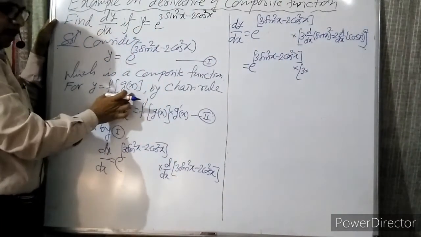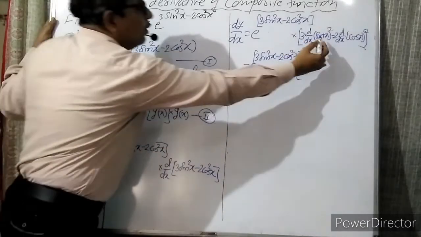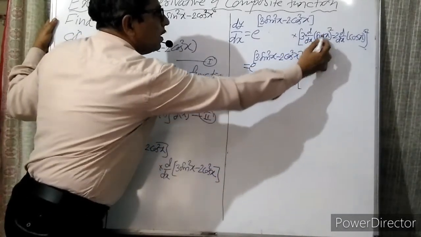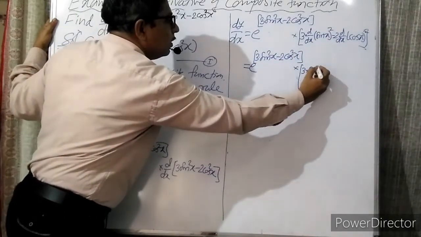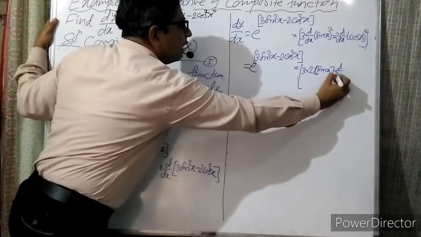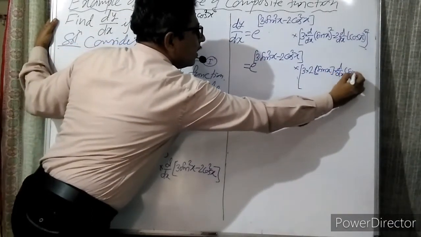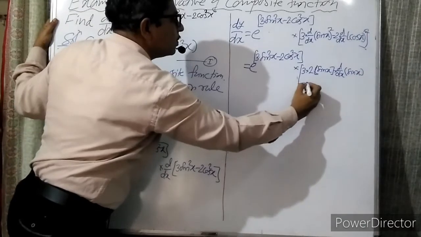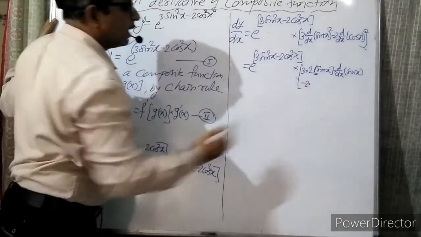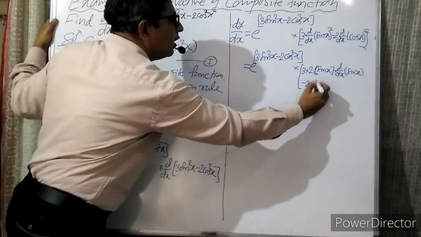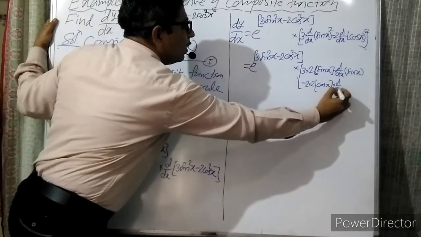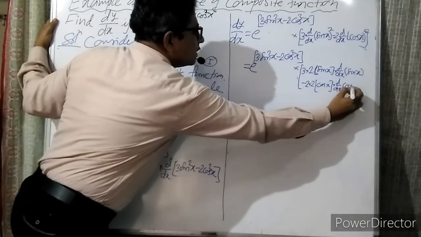Again use the same formula, chain rule. So 3 into derivative of sin x bracket square is 2 into sin x as it is, into, go for a derivative of sin x, minus 2 into, go for derivative of cos x bracket square, so 2 into bracket cos x into d by dx of cos x.